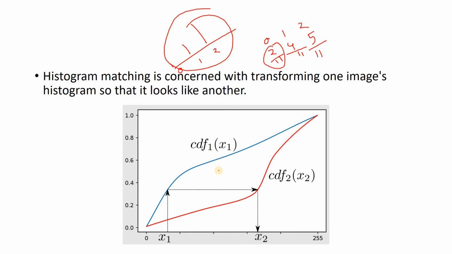Now just recall the discussion of histogram equalization. We computed the cumulative distribution function from the probability mass function, and I told you that the cumulative distribution for both histograms will start from 0 and reach up to 1.